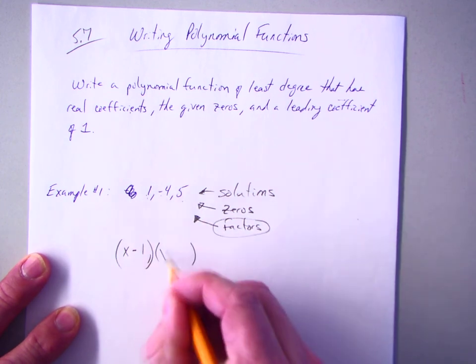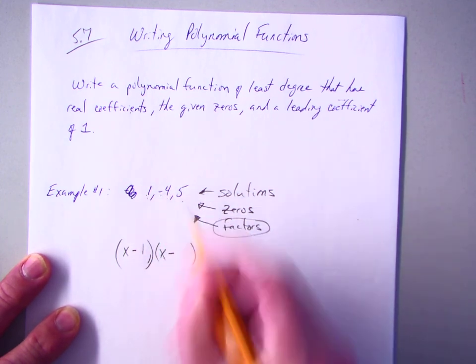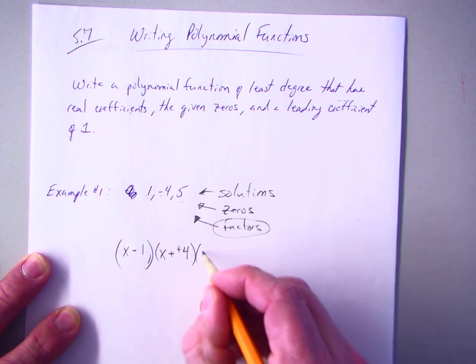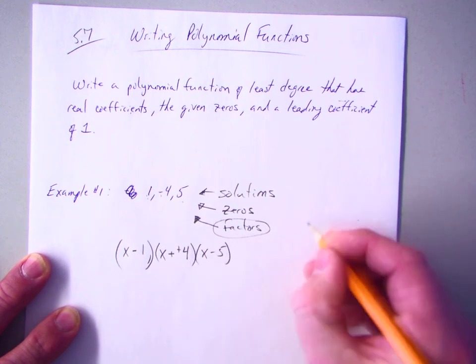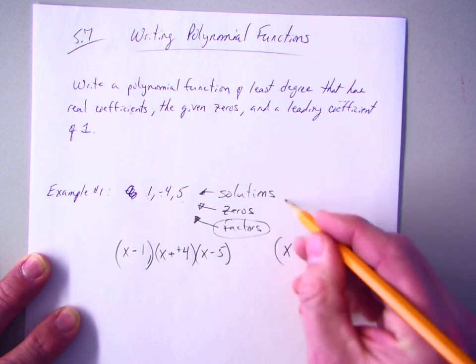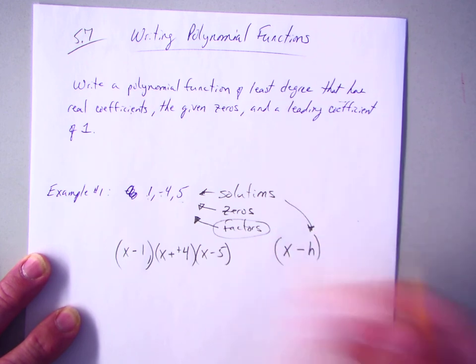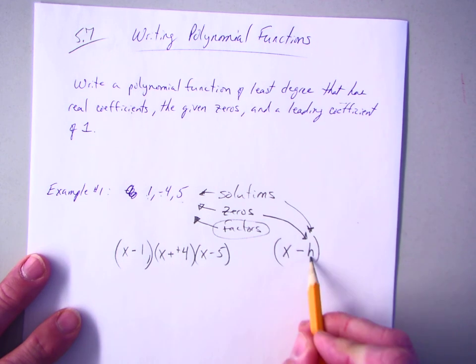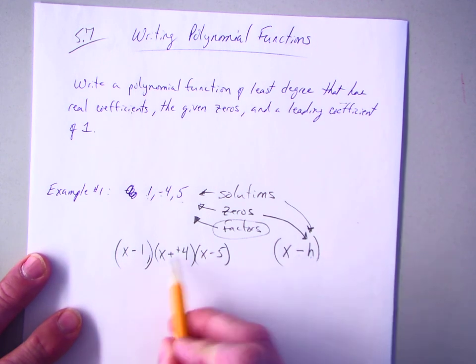Then we do x minus a negative 4, so that gives us x plus 4. And we do x minus 5. So it always takes the form of x minus h, where h is your solution or your zero. When we put in a negative number for h, that's what gives us the plus.